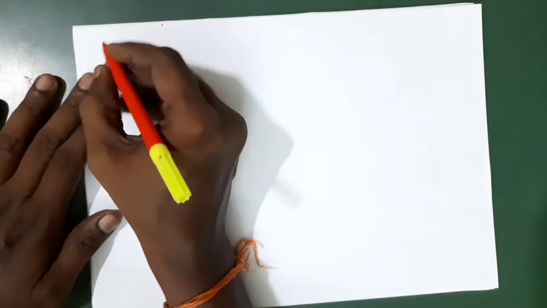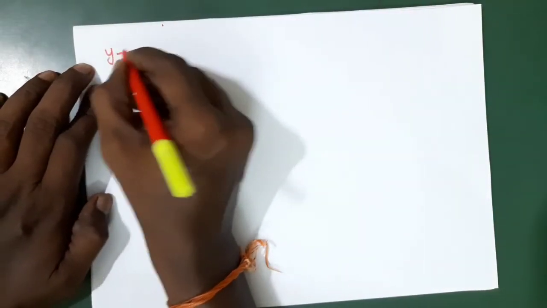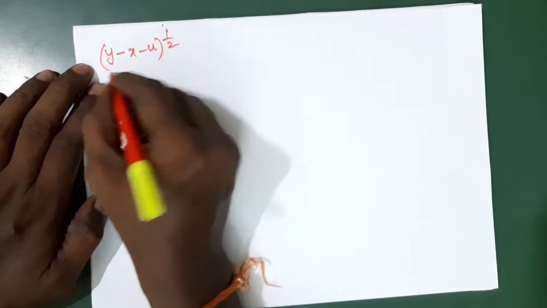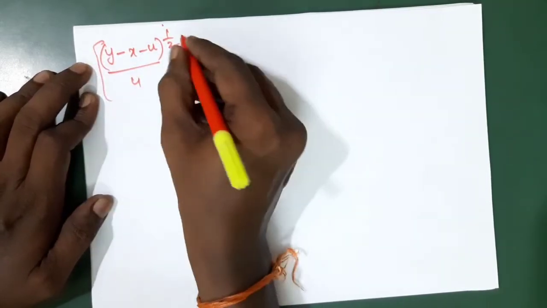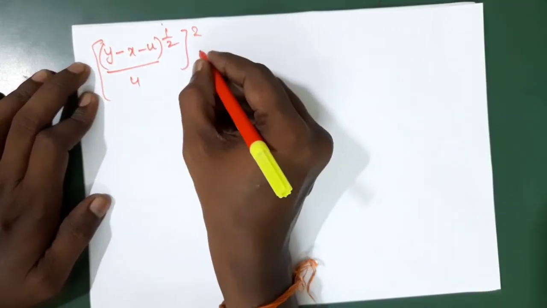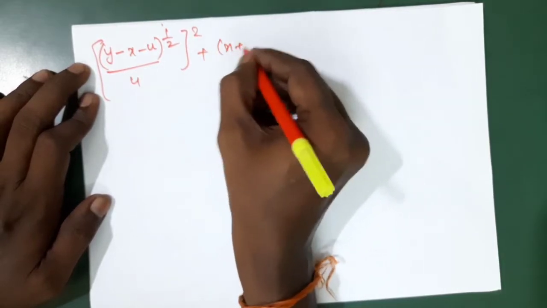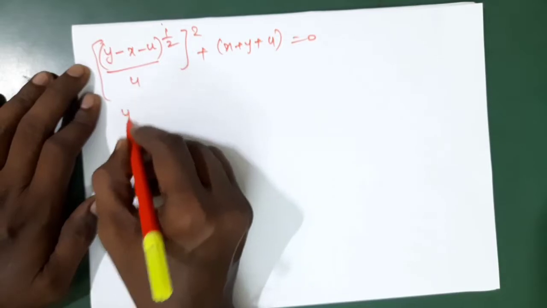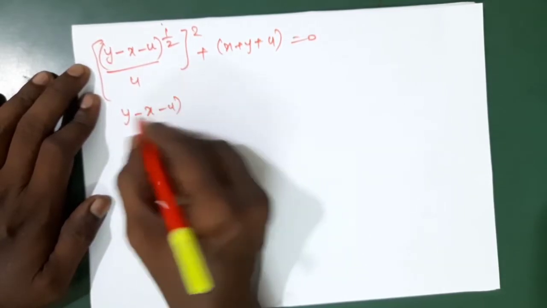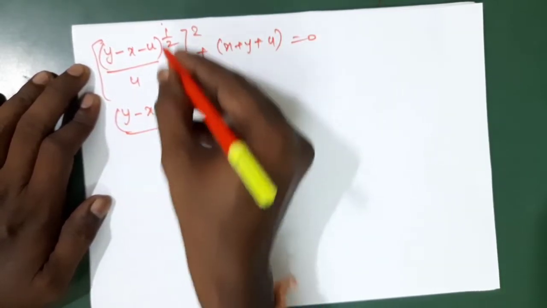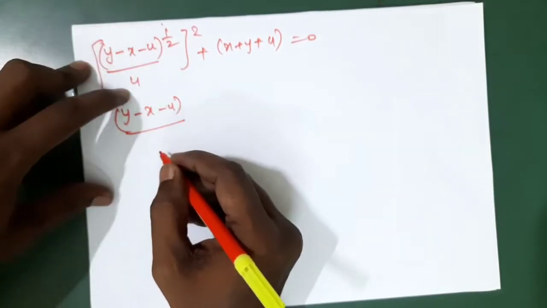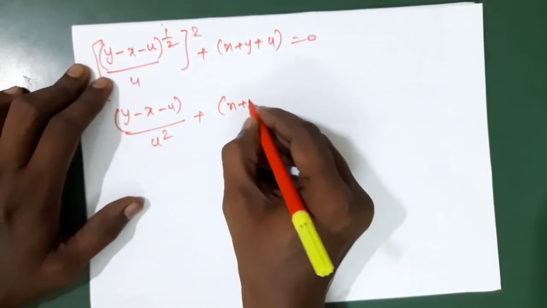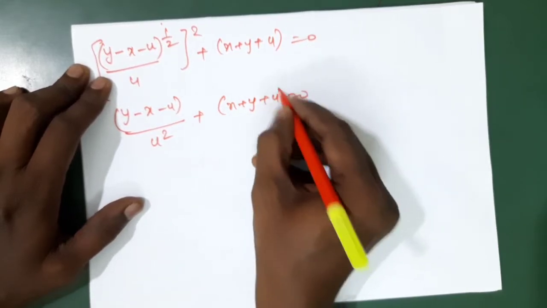What is C2? (y minus x minus u) whole power 1 by 2 divided by u. So C2 squared plus C1 is equal to 0. So (y minus x minus u), this square root comes inside, so here you have u square plus x plus y plus u is equal to 0.